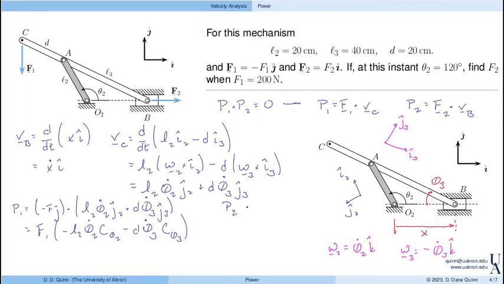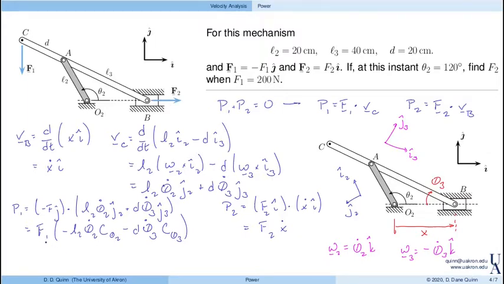Likewise, P2 here is F2 in the I direction dot X dot in the I direction. All right, so this one's pretty easy. We end up with F2 times X dot.